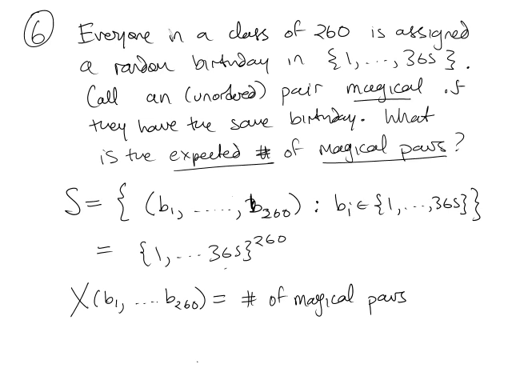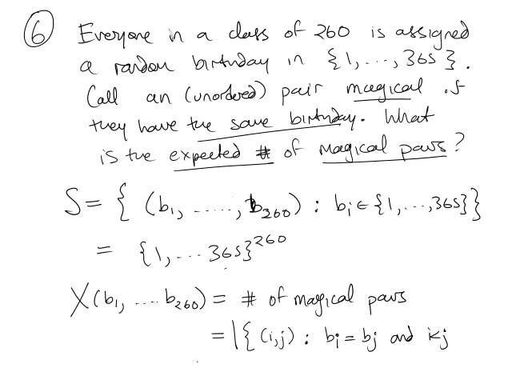A magical pair is 2 people who have the same birthday. So it's going to be the cardinality of the set of all pairs i, j such that bi equals bj, and i is less than j.